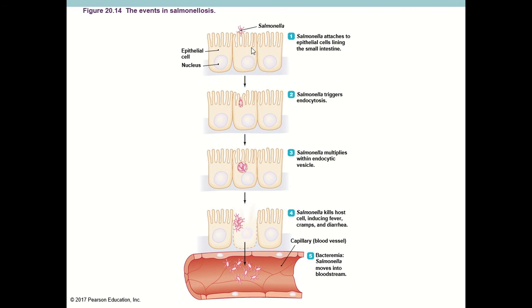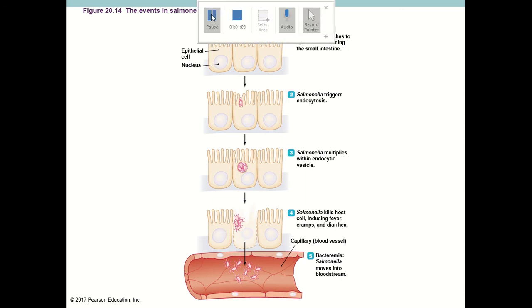So some virulence factors that we went over a few minutes ago allow the bacterium to cause the cell to endocytose the bacteria. Once inside, the bacteria divides and kills the cell, and in that manner, it manages to filter itself into the blood, causing bacteremia, septicemia, also moving into other tissues, into other organs, and causing disease there.